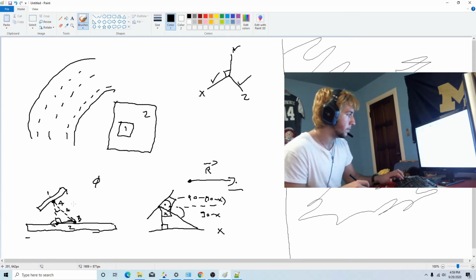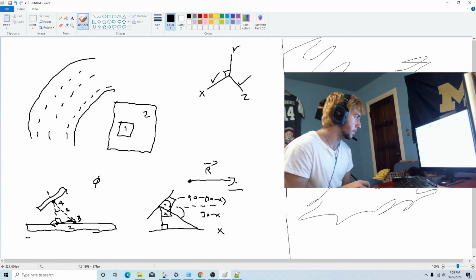So finding our angle here at this point is basic trigonometry. You can use a variety of different mathematical operations here. Let's say we're using sine. You can use Pythagorean theorem.